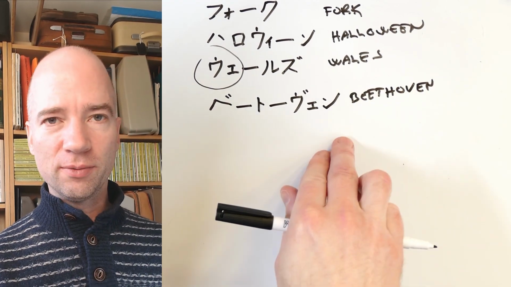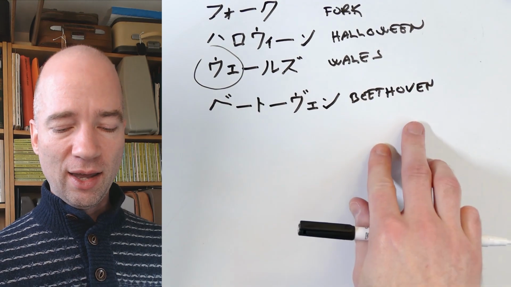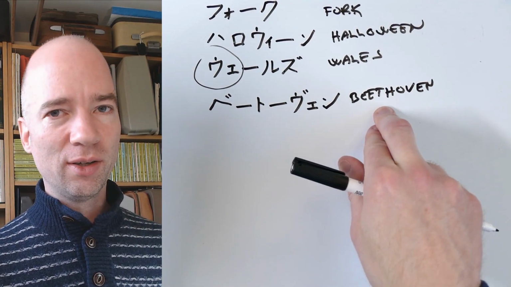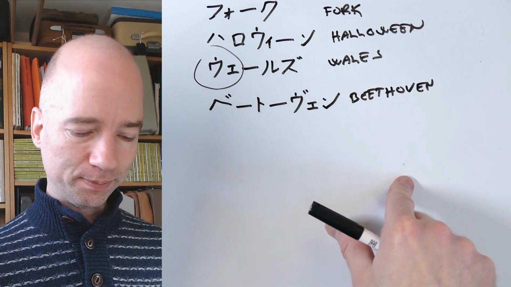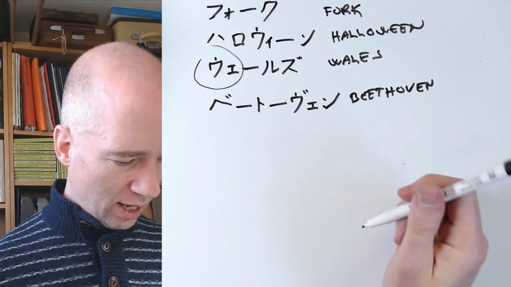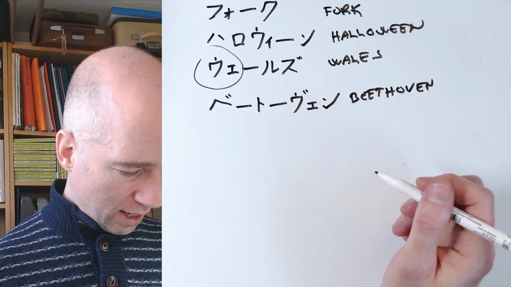So Beethoven is the closest to what it sounds like, because you don't want to add any extra syllables for the TH combination in the middle. So an important little thing to note. We will see other examples of that. I think I have other ones.